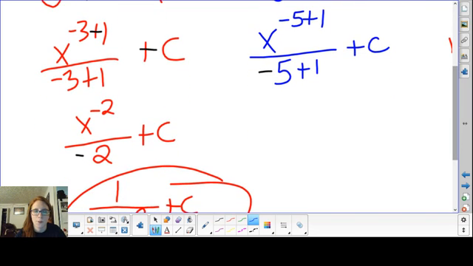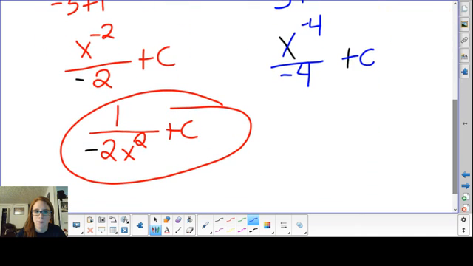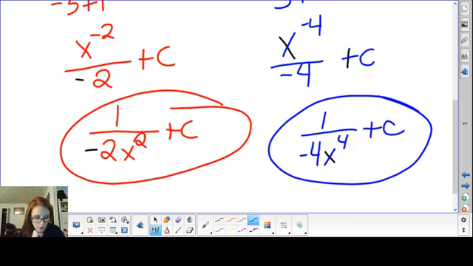Negative 5 plus 1 gives me a negative 4. Just like my example before, my x has a negative exponent, so he goes and hangs out in the bottom. And that's my answer.